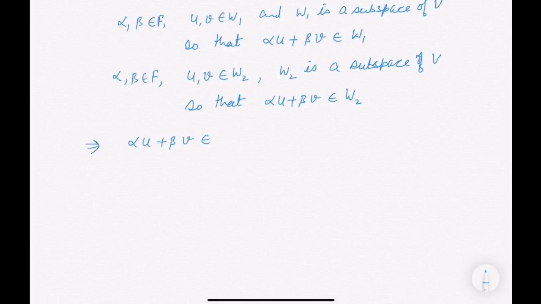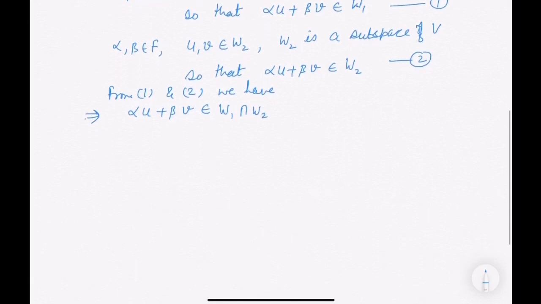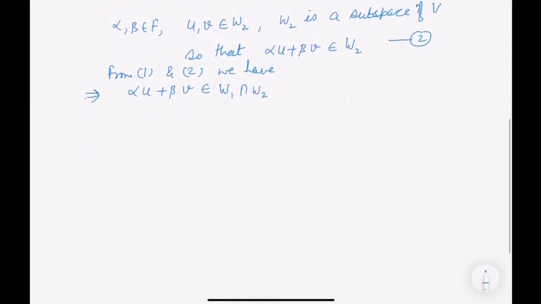So this implies, if this is 1 and this is 2, from 1 and 2 we have alpha U plus beta V belongs to W1 intersection W2. So thus W1 intersection W2 is a subspace of V.